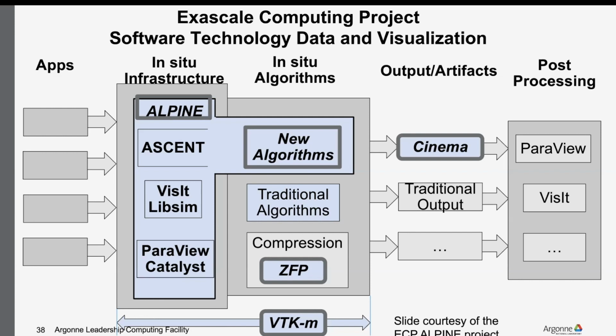VTK-m tries to leverage accelerators, right? It tries to port the existing visualization algorithms to accelerators and leverage the parallelism, exploiting the intranode parallelism. I have a slide for that. And there's another technology called Cinema here that I will also describe.